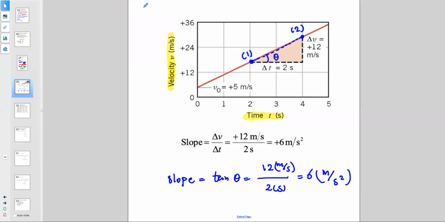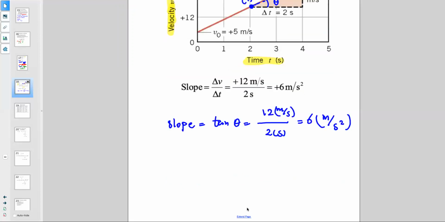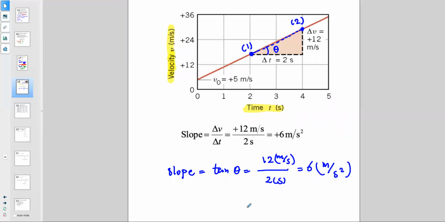Now what if I ask you, what is the instantaneous acceleration at this point? Let me just call it point 3. What is the acceleration at that point? Then the instantaneous acceleration at that point is the slope of a tangent line to the graph.